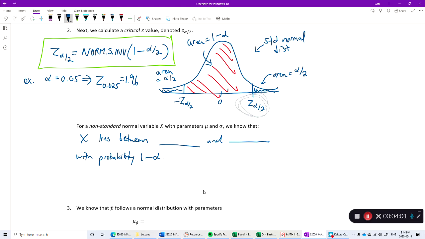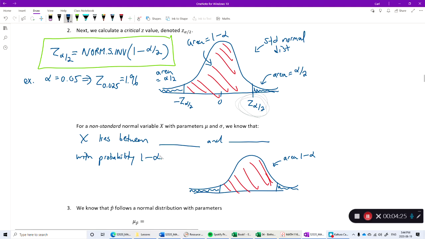So what I'm saying here is if we take what we learned about Z and do the same thing, I want to have this area in the middle be 1 minus alpha. What do I have to use for the limits now? Well, I use this same Z value.